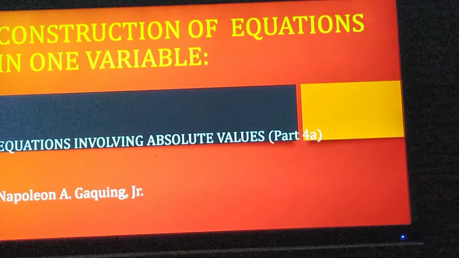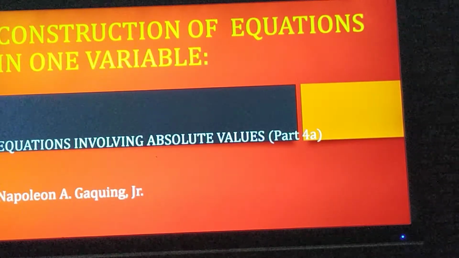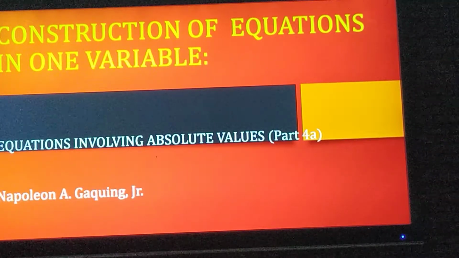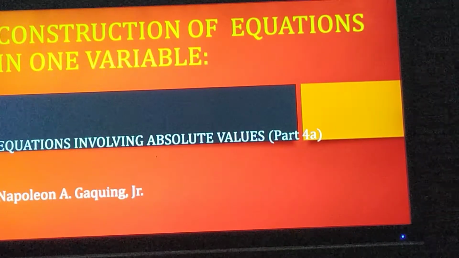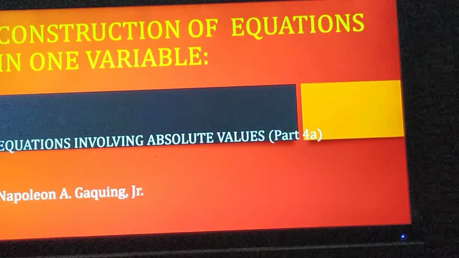In this video, discussion will focus on construction of equations in one variable, in particular, equations involving absolute values.